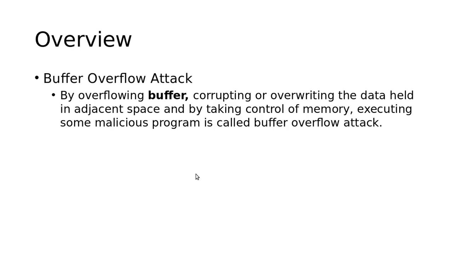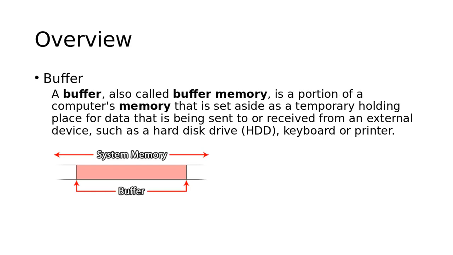And what does a buffer overflow attack actually mean? A buffer overflow attack is corrupting or overwriting data held in adjacent space, and by taking control of memory, executing some malicious program. This means if you allocated a buffer in your memory and you overwrite adjacent spaces, these adjacent addresses also hold some data.